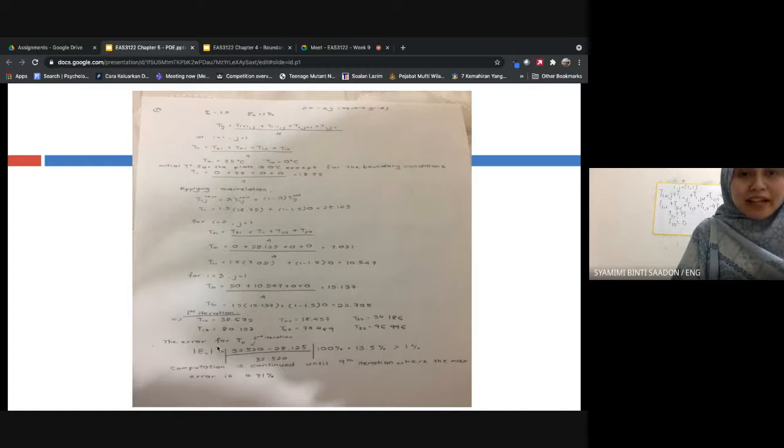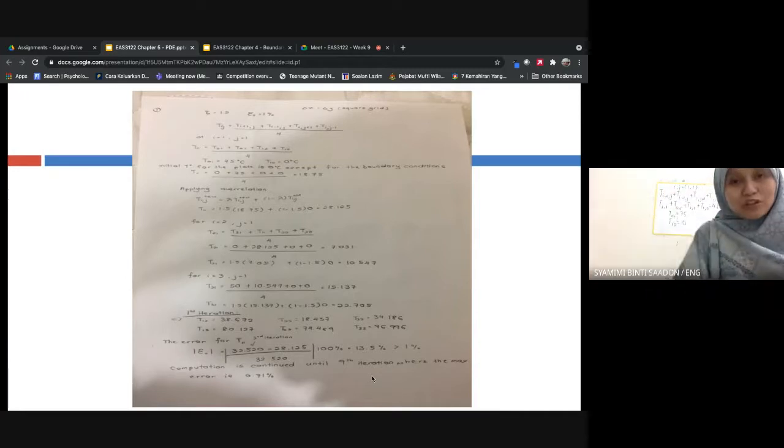After that, we calculate the error. For example, at point T11 just now, I and J equals 1, our new calculation was the second iteration. If you do the second iteration, we get 32.52 minus the first iteration, which is 28.125, times 100%, and we get the error epsilon 13.5%, which is still higher than 1%.